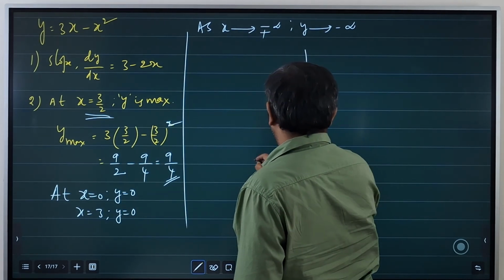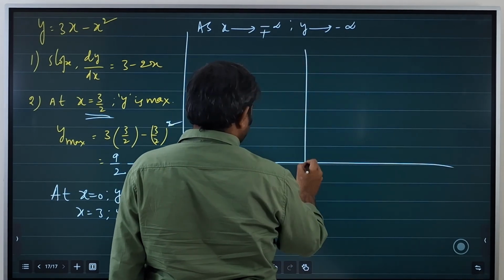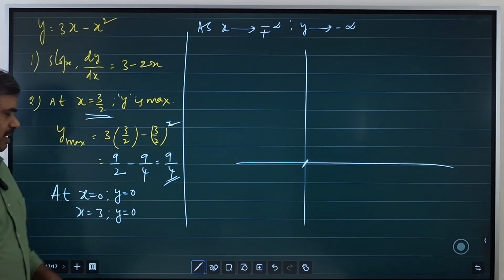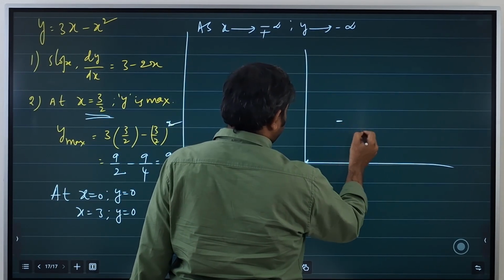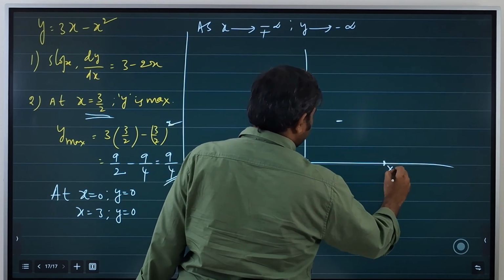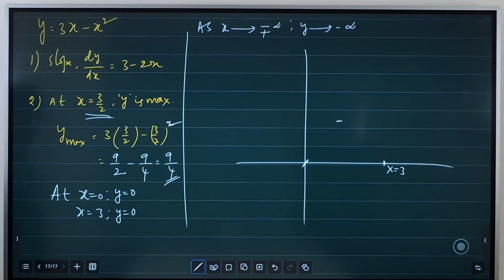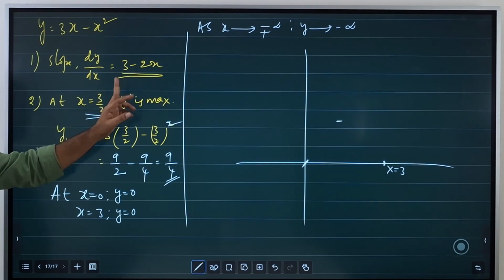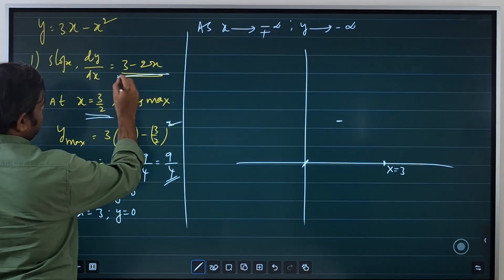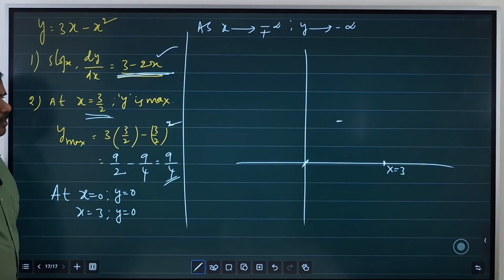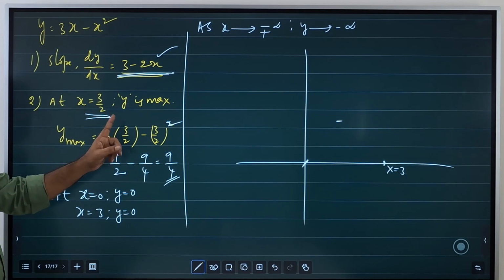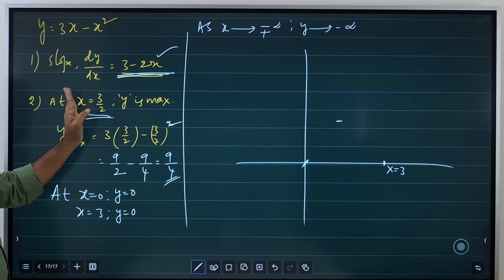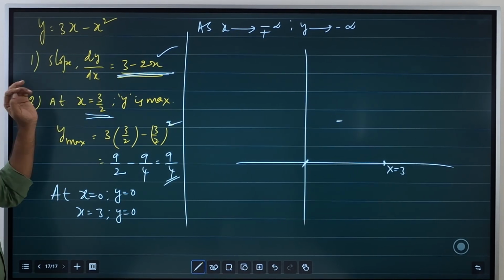So if you draw the graph now, at x is equal to 0, y is equal to 0, the graph passes through origin. At x is equal to 3 by 2, y becomes maximum. At x is equal to 3, y becomes 0. And look at the slope. Slope is not constant. Slope is positive for x less than 3 by 2, but decreasing.